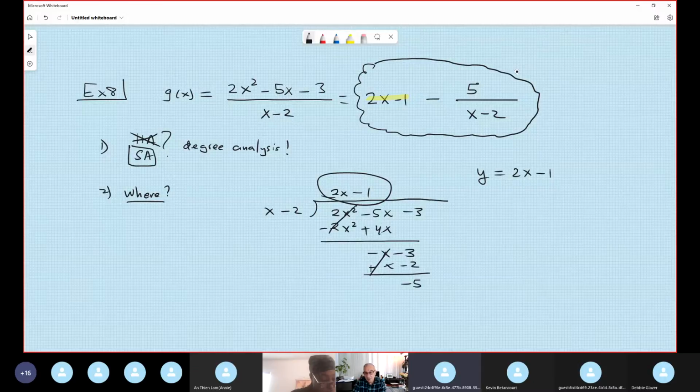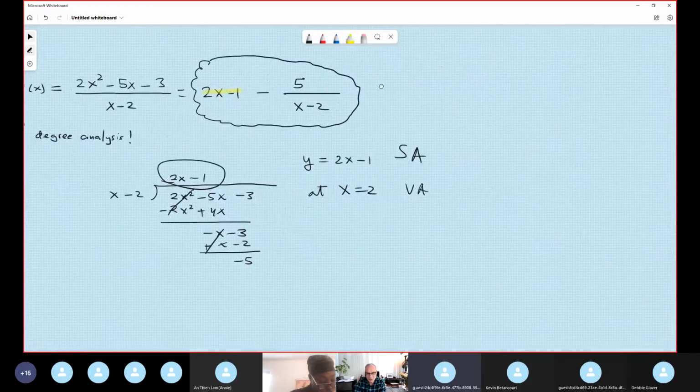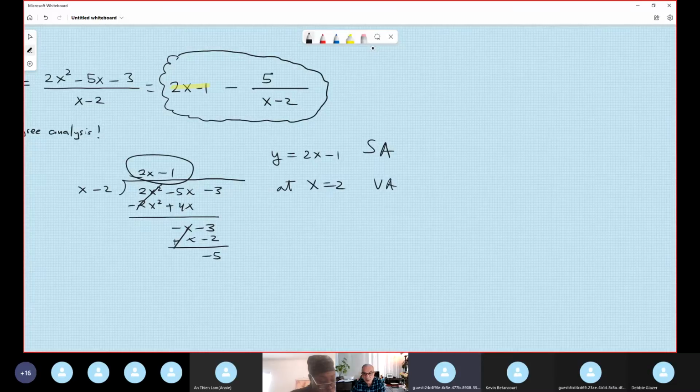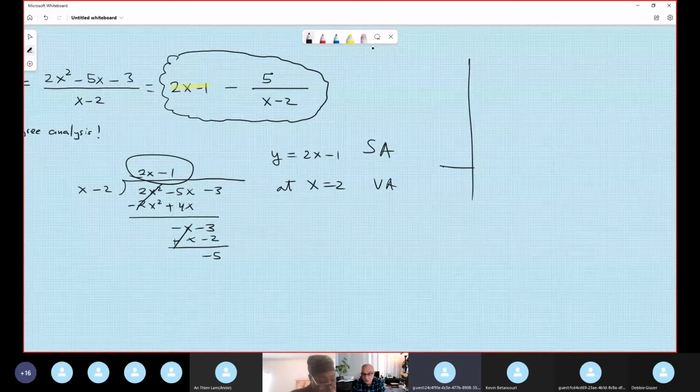Okay, I do the graph of this. This is super easy. This is the intercept, and also this is the slant asymptote equation. And by the way, I discovered we have a vertical asymptote at x equal to 2. Now, we are doing the graph roughly without decimals. It's something like that. XY.